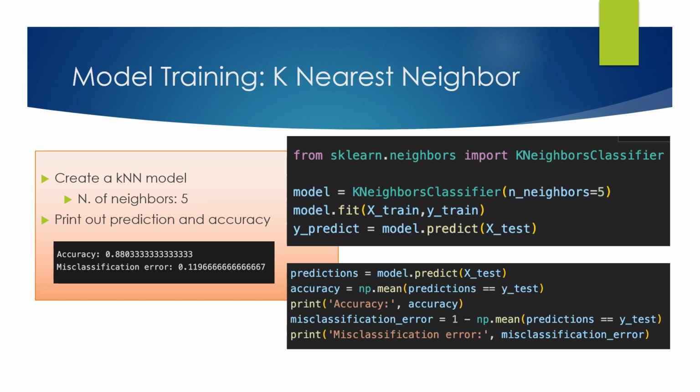And after that, we set the model to K-neighbors classifier and fit the model to X-train and Y-train data. We set the Y-predict by having the model predict on the X-test. Then we generate a prediction and accuracy to see what it looks like. And so far we got 88% accuracy with a classification error of 12%.